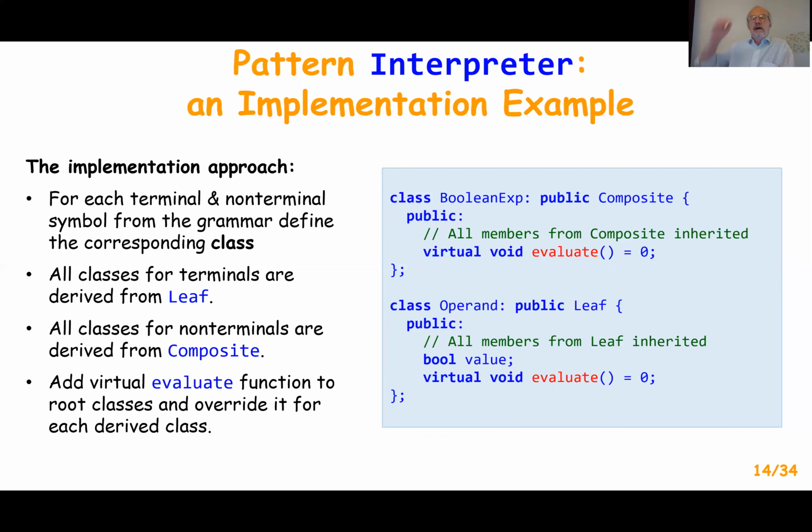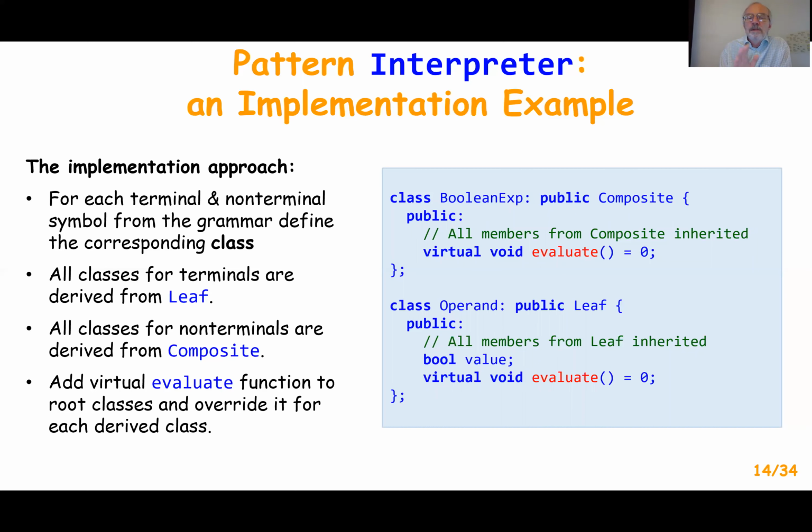The second class is an example of a terminal class. I've called it operand. Operand means either a constant or a variable. Therefore, it cannot contain other objects as parts. Look at what is written here. First of all, I have derived it from the leaf class. Remember the composite pattern.